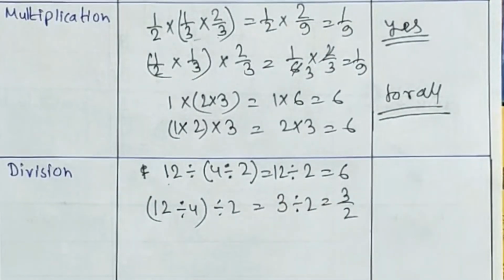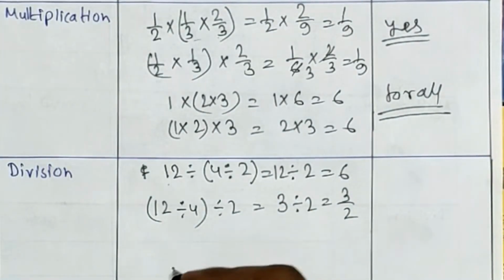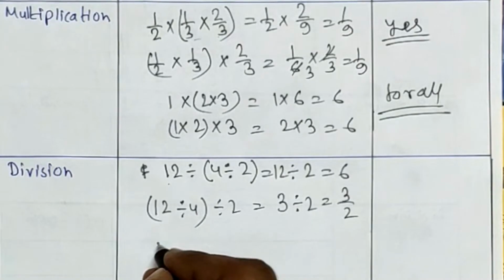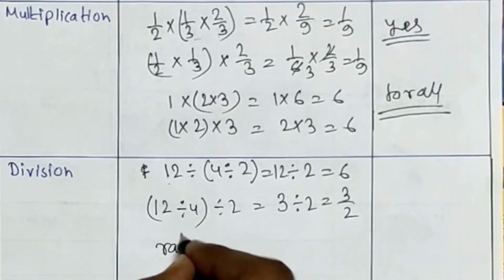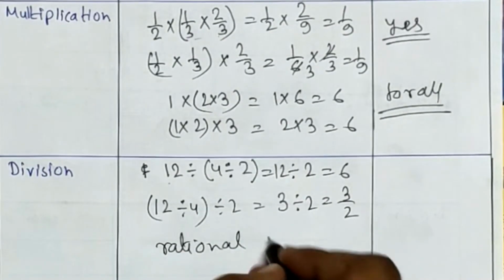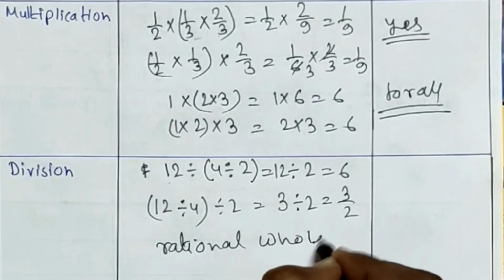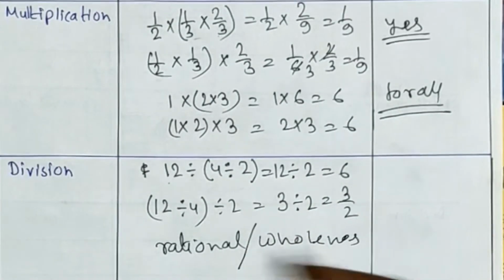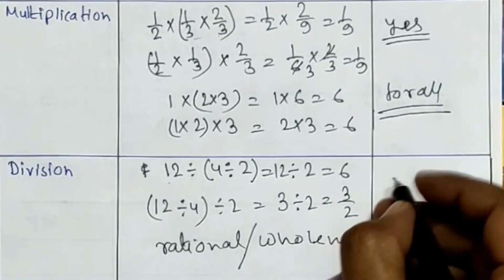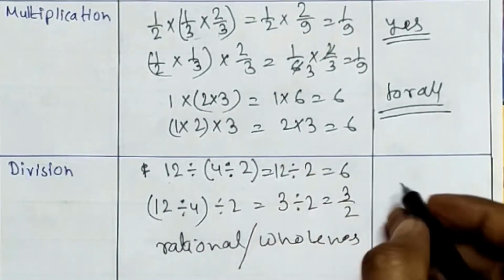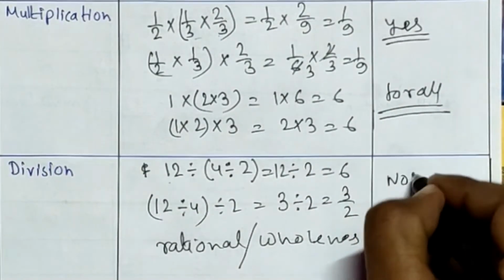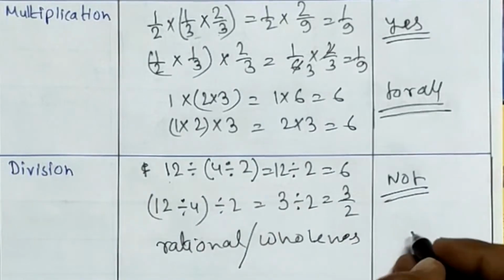Clearly they are not equal. So you can easily check this property for other numbers, for rational numbers, for whole numbers, and you will see that all the numbers are not associative under division.